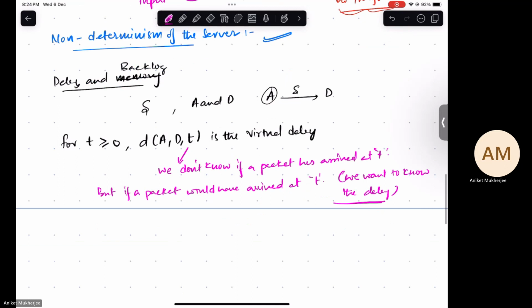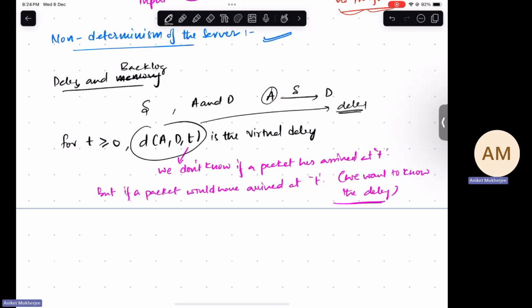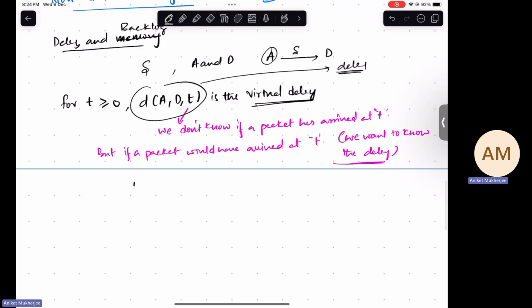So this is the delay at time t, or virtual delay at time t. Similarly, we define the backlog, b(A, D, t), as the backlog at time t.